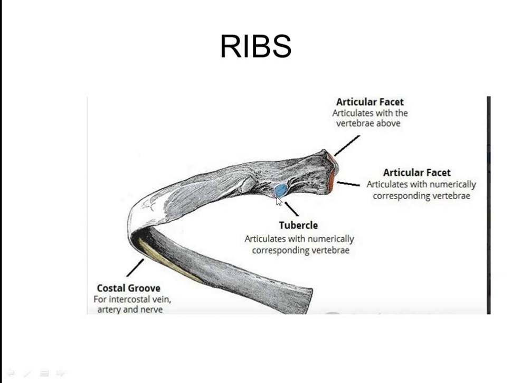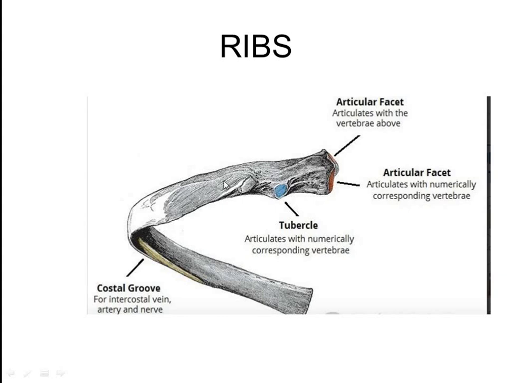As far as this tubercle is concerned, the articular facet on the tubercle articulates with the costal facet on the transverse process of the thoracic vertebra which corresponds in number. If this is a 5th rib, this will articulate with the transverse process of the 5th thoracic vertebra.